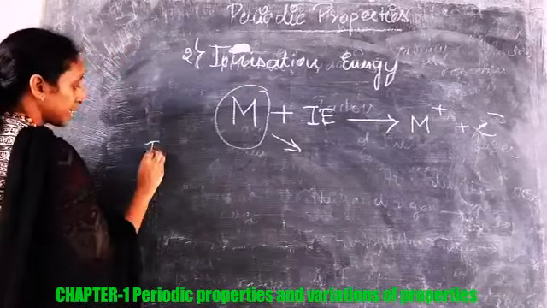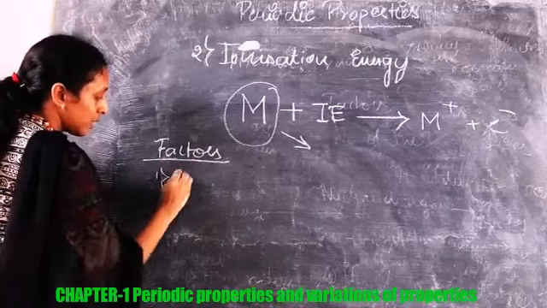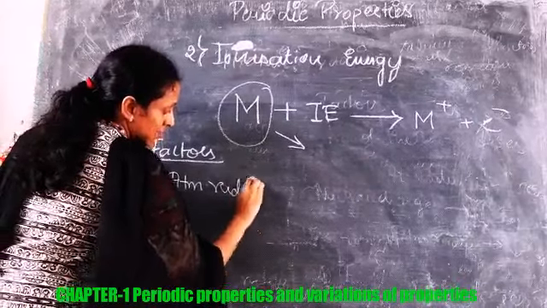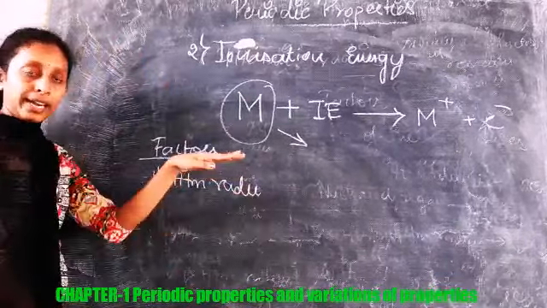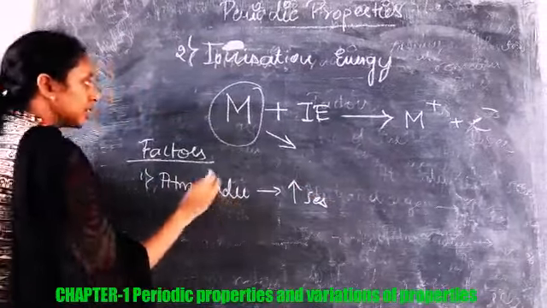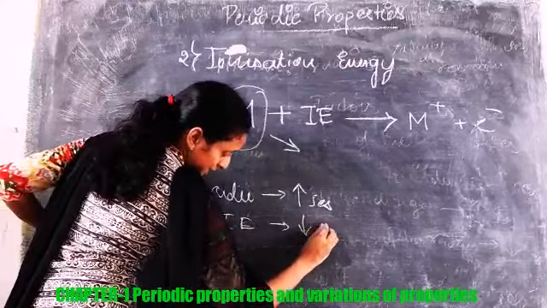So what are the factors? The first factor is the atomic radii. As the atomic radii increases, the ionization energy decreases.